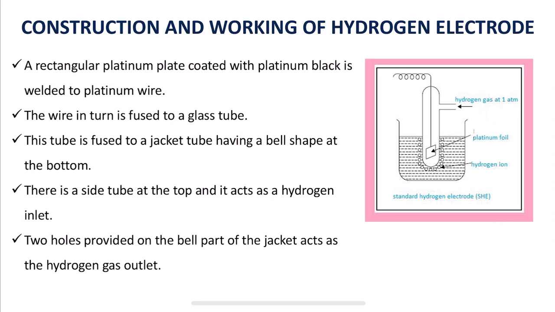The parts that make up a standard hydrogen electrode are mainly a platinum electrode covered in finely powdered platinum black, that is, a platinized platinum electrode, and a solution of acid having an H plus molarity of 1 mole per cubic decimeter. The standard hydrogen electrode also contains a hydroxyl, which is used to prevent the interference of oxygen.